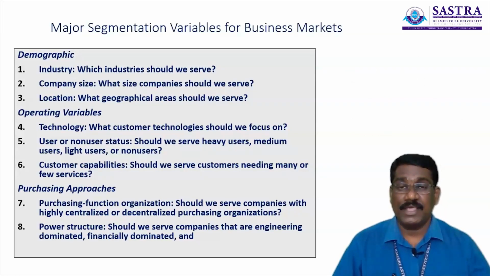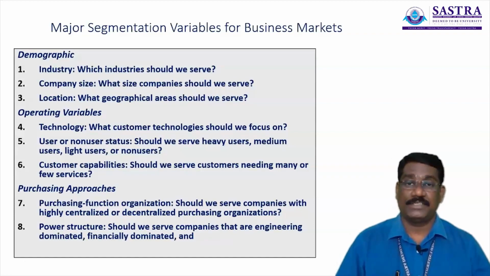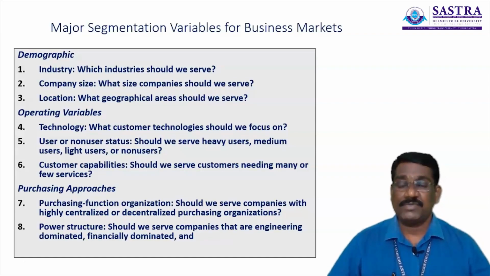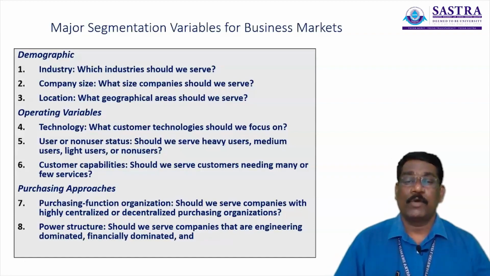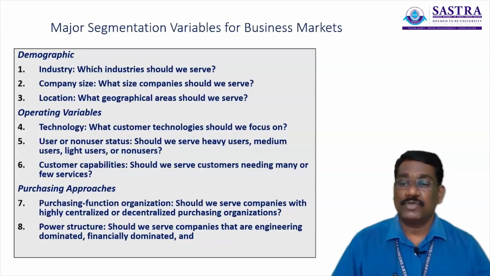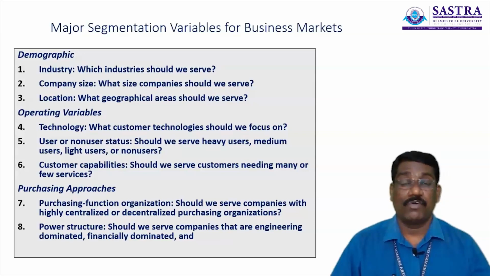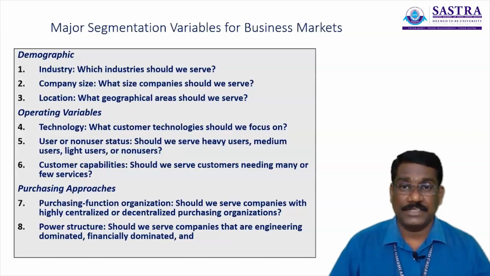Sometimes they go for a decentralized purchase system, where the branches make the procurement of raw material. So we need to understand the purchase function of the organization before we do business segmentation.